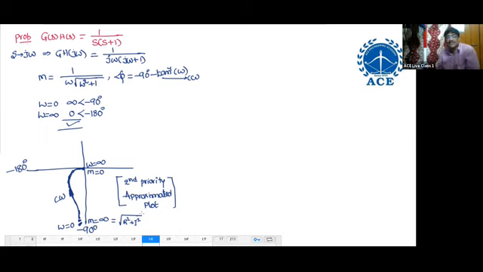Root of real part square plus imaginary part square, that should be equal to infinity. Then is this infinity because of the real part or the imaginary part? The imaginary part is infinity. But what is the real part value?